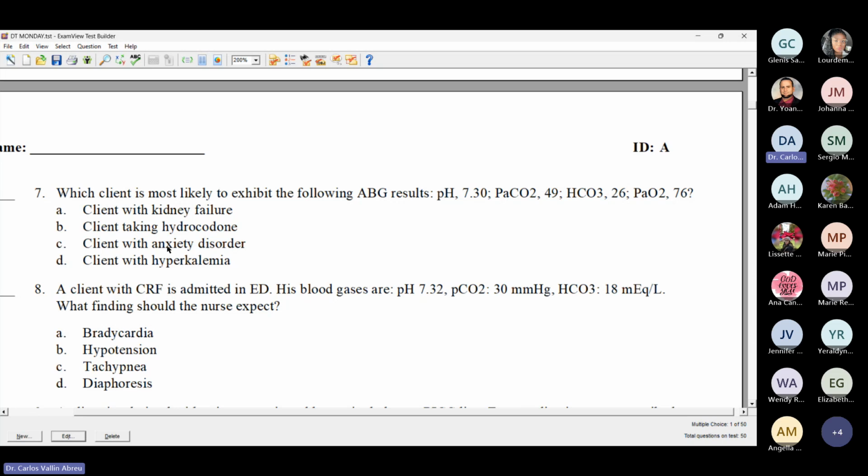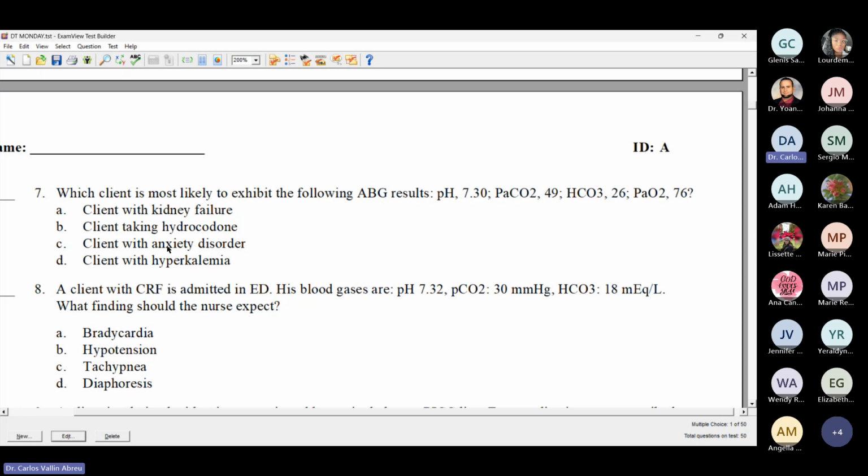But then you are going to hear people hyperventilating or making sighs. This happens when you are anxious. You hyperventilate. When you hyperventilate, then you eliminate more CO2 than needed, and for that reason, you develop a respiratory alkalosis.